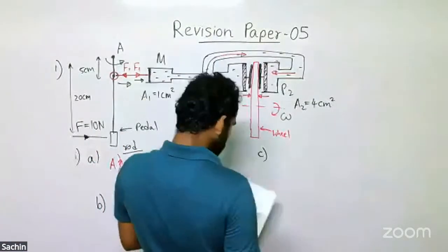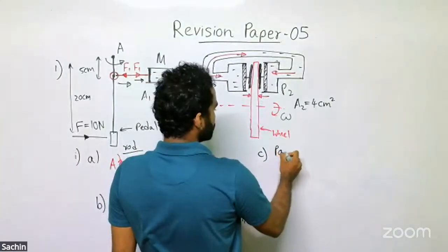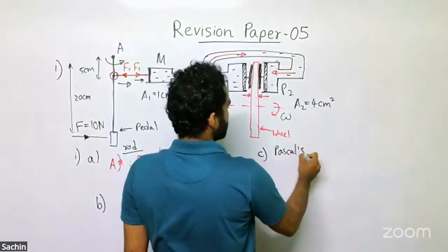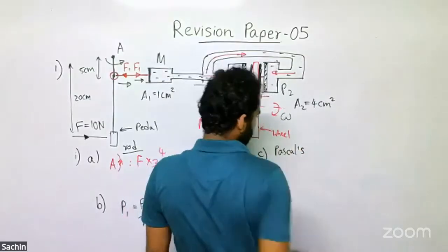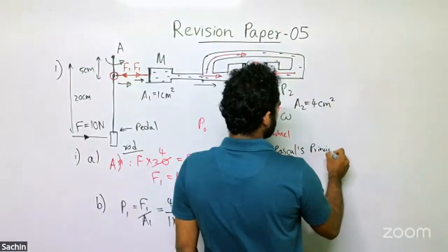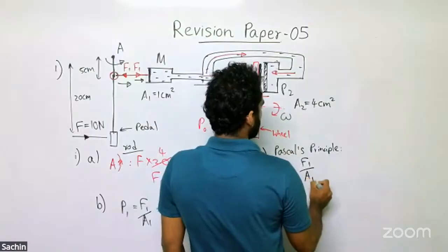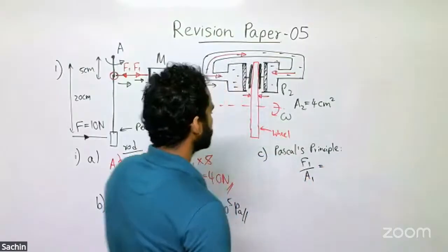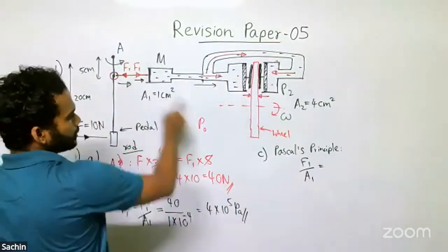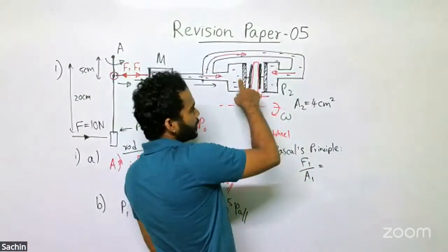They're asking to calculate the force, by the way. So how to calculate the force? Apply Pascal's principle, by which we can relate the forces. Remember the theory, the pressure will be transferred equally. So initially the pressure was F1 over A1, and it should be equal to the pressure built up here.